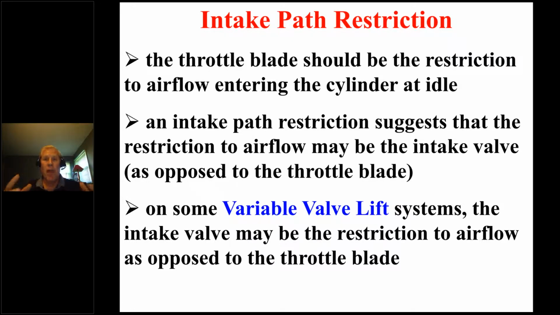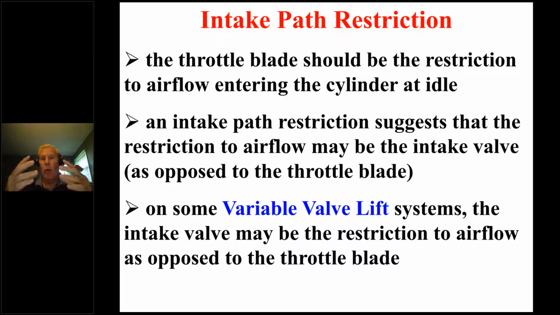That's what creates the 18, 19, 20 inches of vacuum in the intake manifold. That's the normal restriction to flow. So when I talk about an intake path restriction, I'm talking about something else that's restricting airflow. Now, it could be before the throttle blade, like a completely plugged air filter or rags, but I'm going to stay focused between the throttle blade and the intake valve.